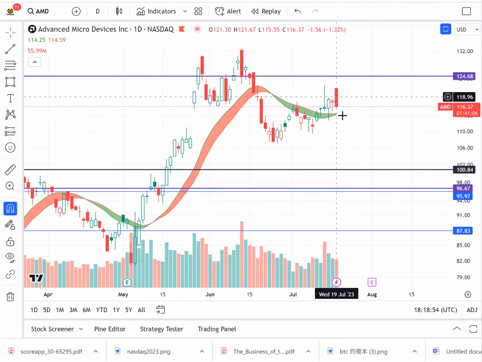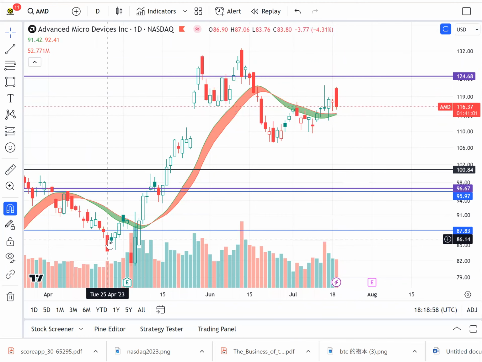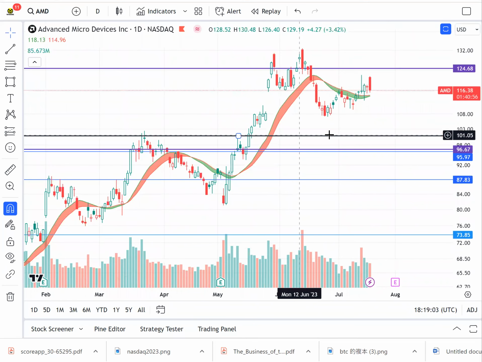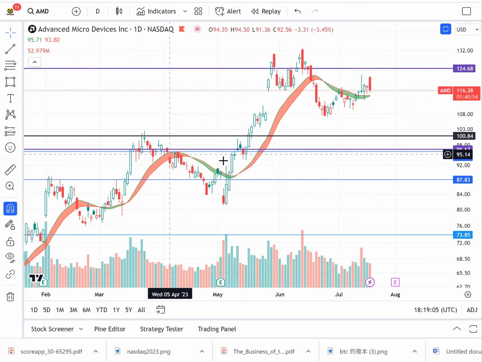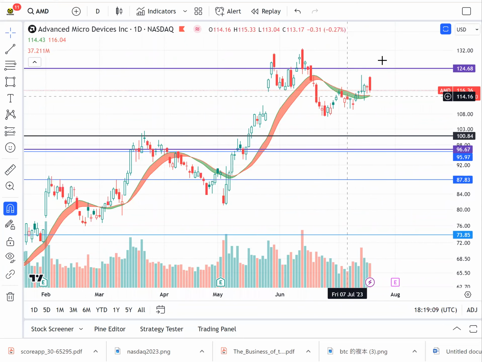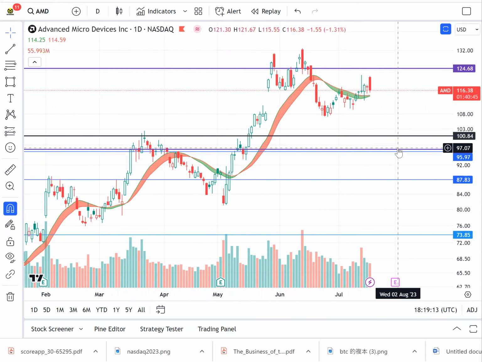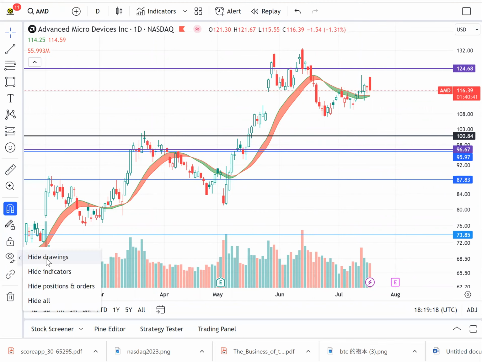It's normal to have a pullback, and it will actually provide an absolutely good buying opportunity. I've mentioned this area and this area are very similar. You see the pattern. You can check my previous video about AMD, which I will put below.